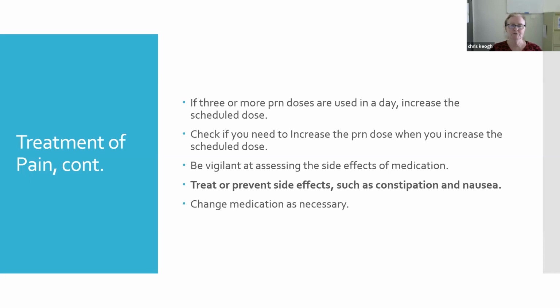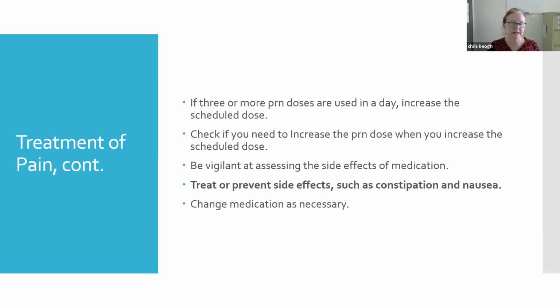And we also need to be vigilant at assessing the side effects of the medications. So we need to treat or prevent the side effects such as constipation and nausea. Now we know that opioids will cause constipation. So when we start someone on an opioid, we should always start them on an aperient. It's important to remember that.